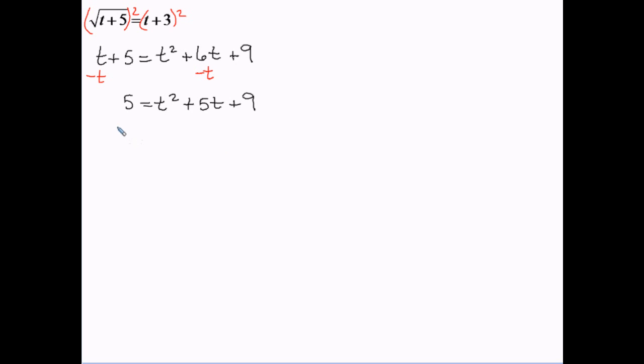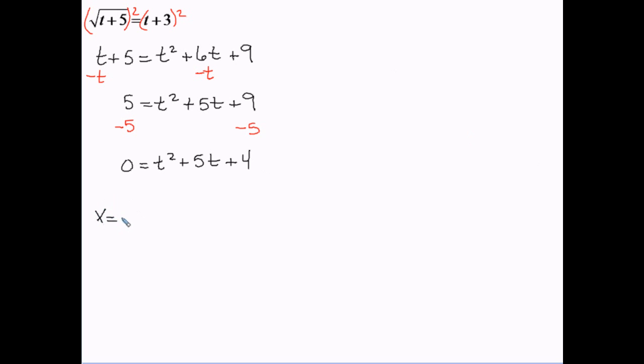Subtract 5 from both sides. Now I can see that I can factor this, but let's just say that you don't see how to factor it, and we'll use the quadratic formula.